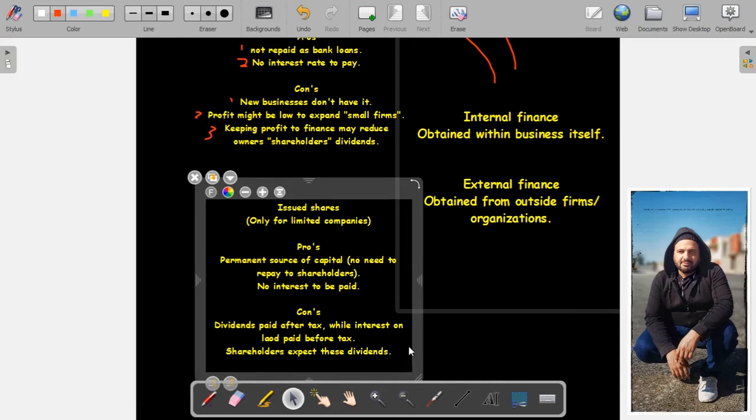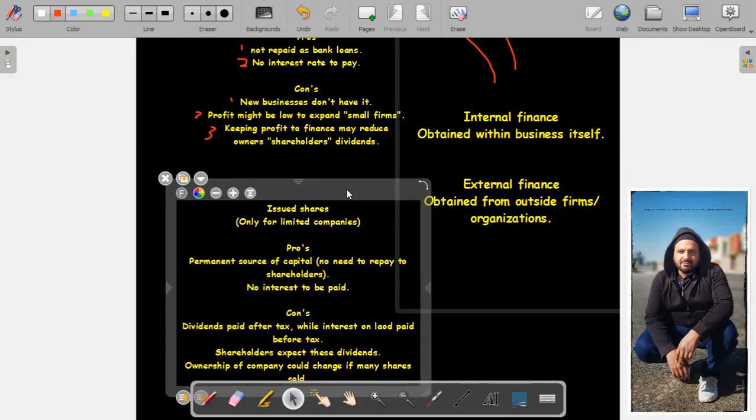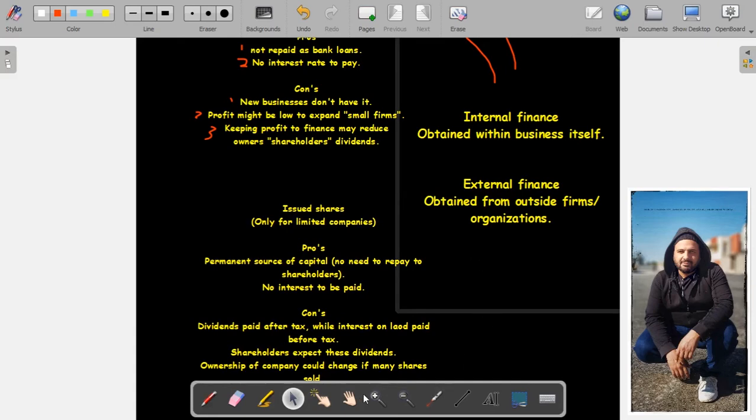It will even tie up your finance because it goes to the shareholders' pockets. And the last disadvantage is that ownership of the company could change if many shares are sold.